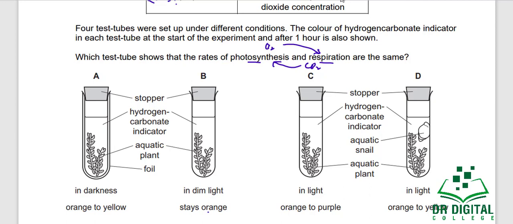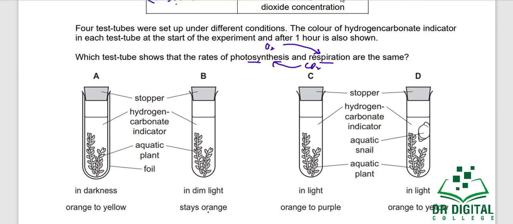In light it will convert orange to purple, because when more light is there, the rate of photosynthesis will be much higher than the rate of respiration. As a result, more carbon dioxide will be absorbed than is produced by respiration, so the color of the indicator will change from red to orange. While in case of D, it is in light and it is converting from orange to yellow.